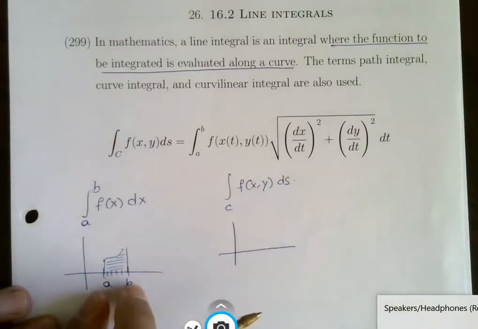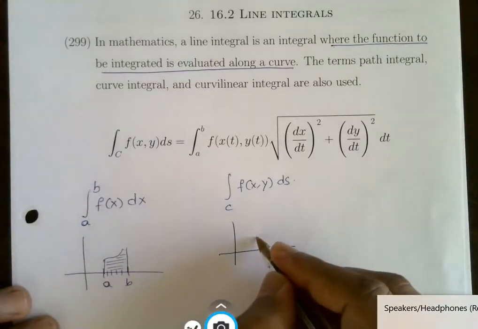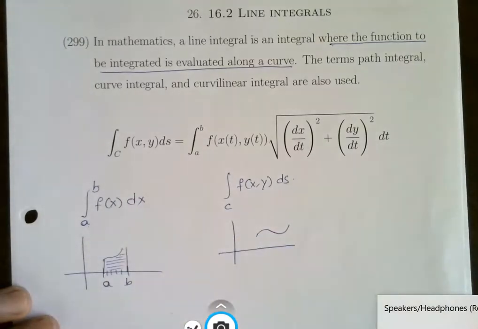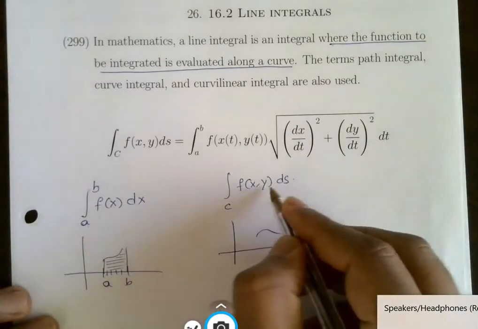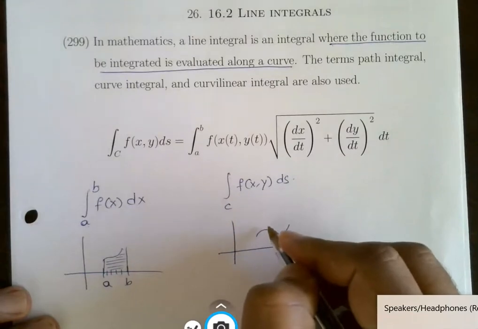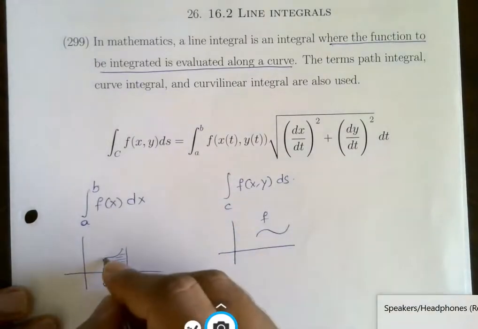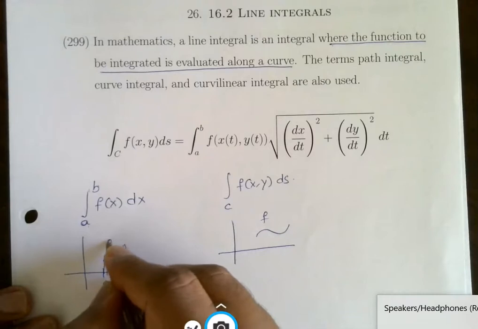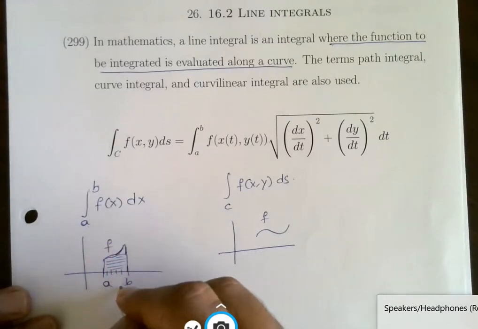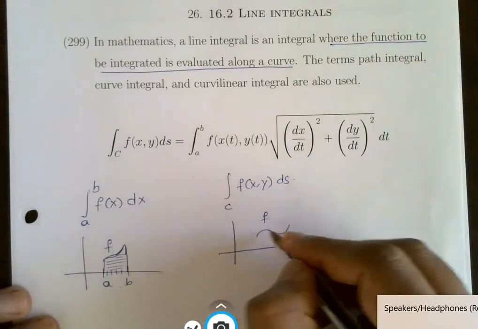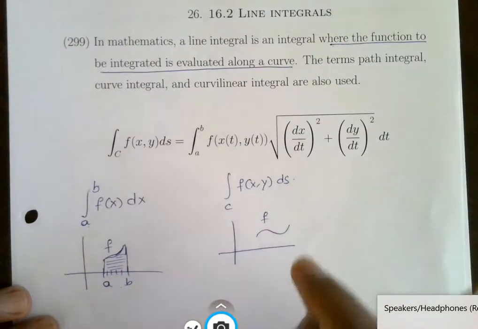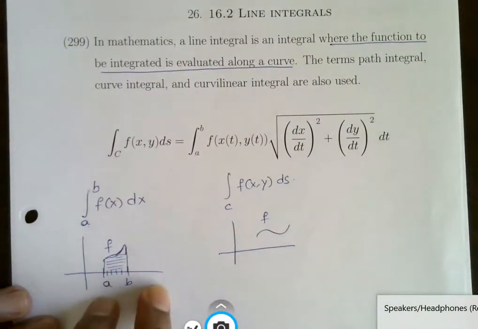So instead of the domain being AB, you have a curve. So it is a curve like that. And your function f of x y is defined on this curve. F of x is on AB here, while here the function is on the curve. So your domain is not an interval anymore.